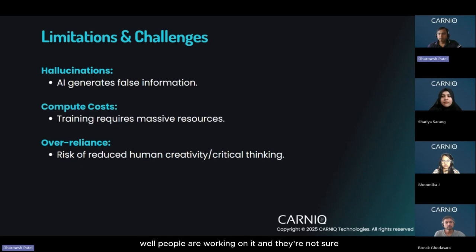But people are working on it, and who knows, one day it might replace humans. Currently the difference is that humans have emotion, machines don't. So this is one of the challenges at the moment in generative AI.